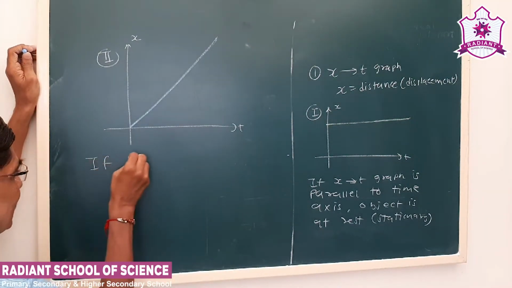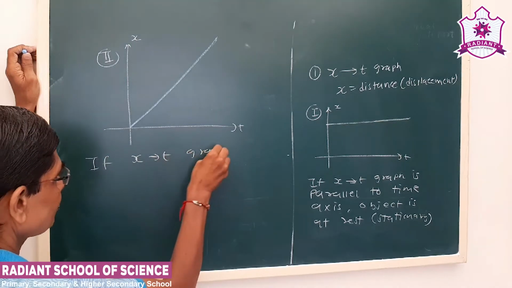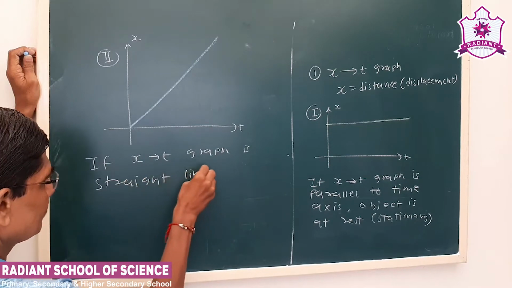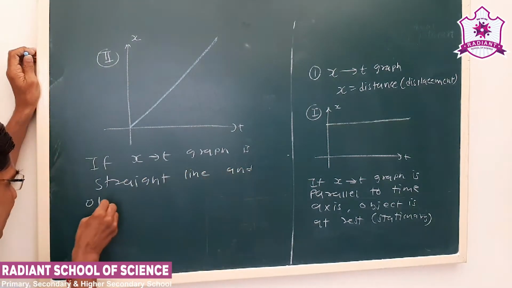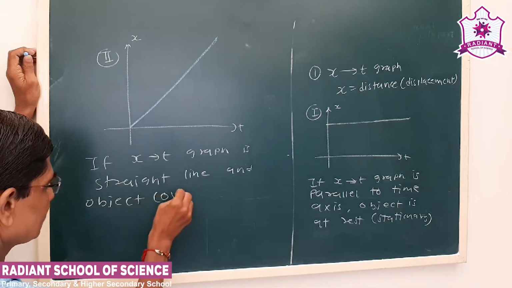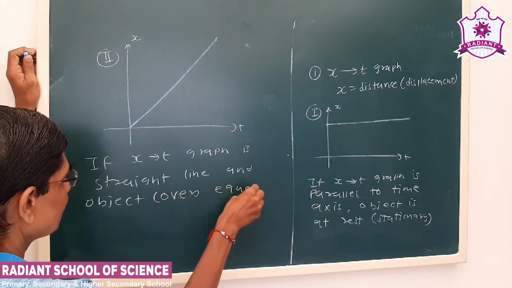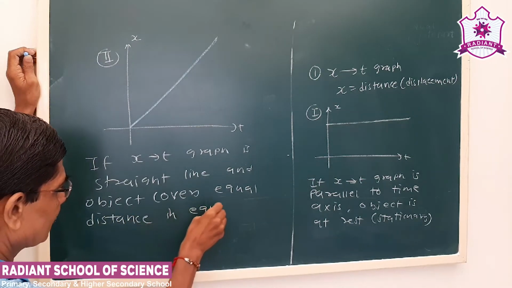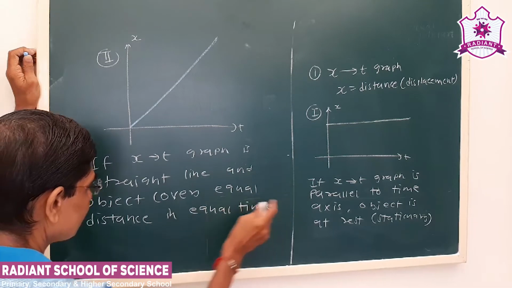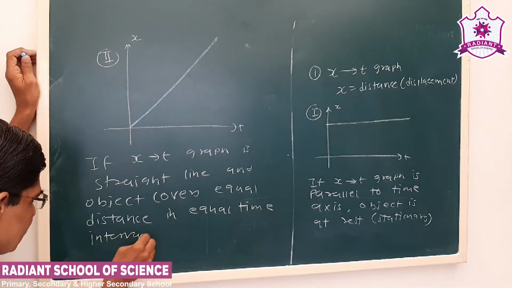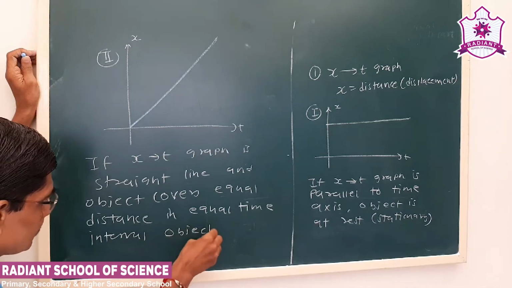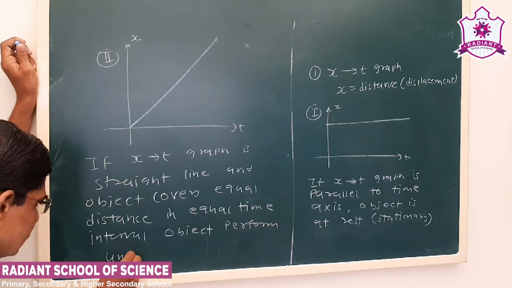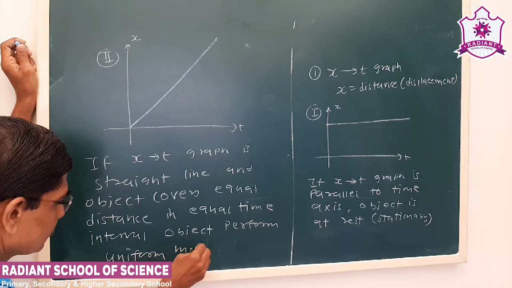So we can write like this: if the x versus t graph is a straight line and the object covers equal distance in equal time intervals, the object performs uniform motion.